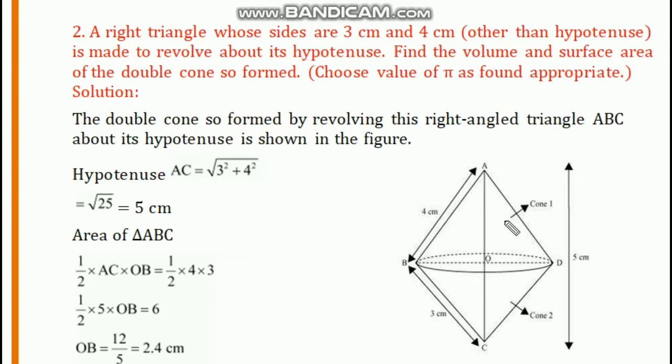See, this OB is perpendicular to AC. We know that the area of a right angle triangle is half into base into height. Taking AC as the base and OB as the height, the area is half into AC into OB. For the same triangle, we can find the area another way.